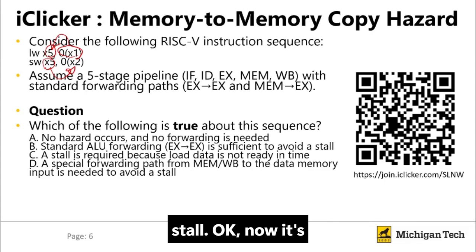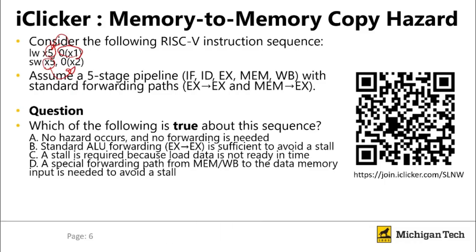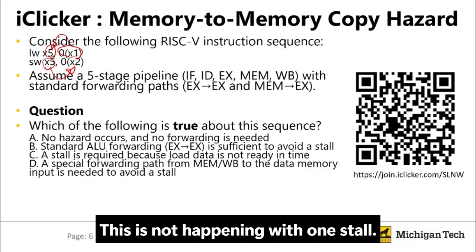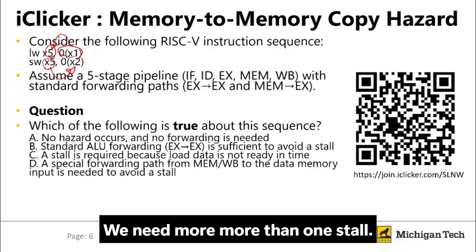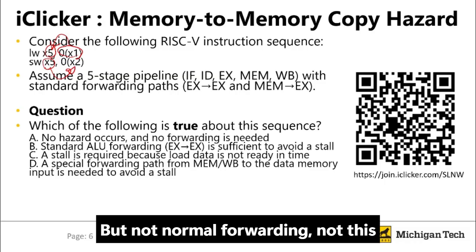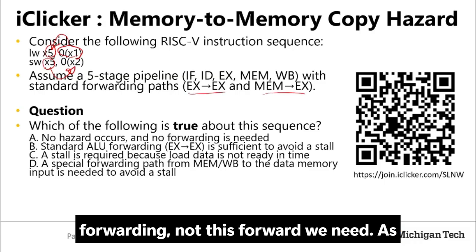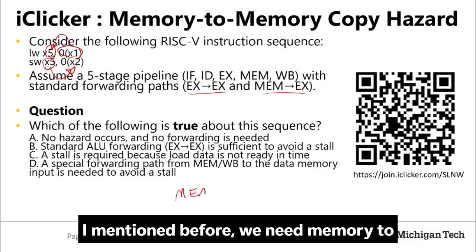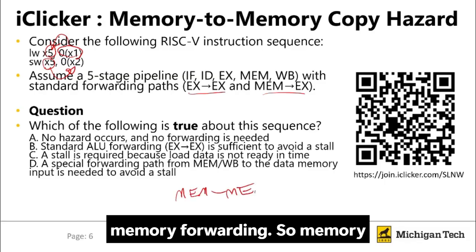Now still most of you selected C, but this is not solved with one stall. We need more than one stall. With forwarding, we can solve it, but not normal forwarding, not this forwarding, not this forwarding. As I mentioned before, we need memory to memory forwarding.